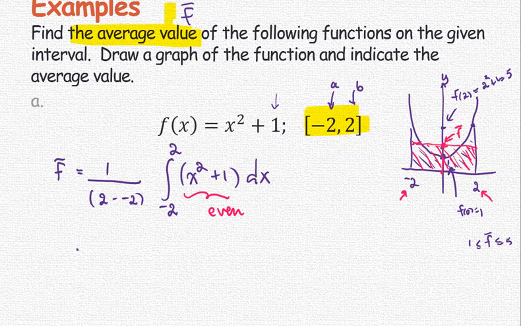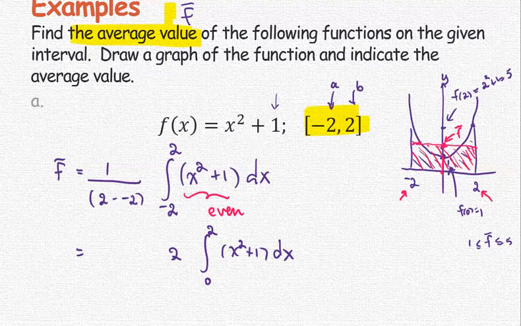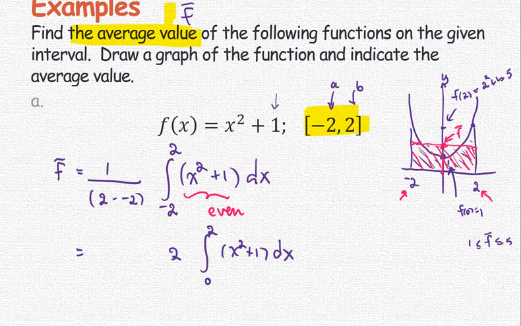So we can rewrite this as twice the integral from 0 to 2 of the same function, because we use the even function property to change from negative 2 to 2 to just 0 to 2 and multiply by 2.